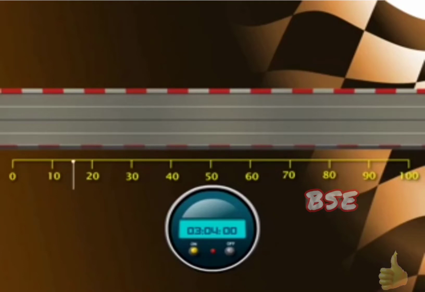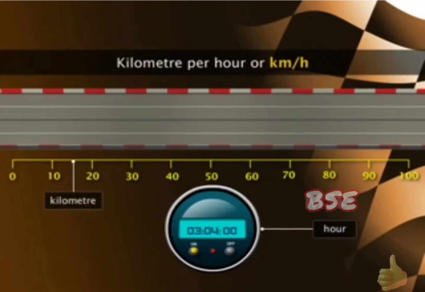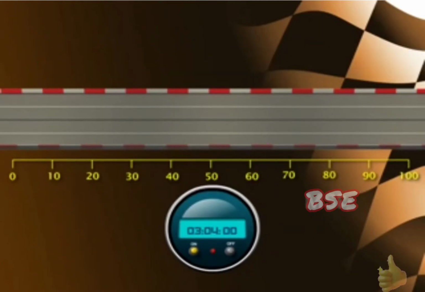If we measure distance in kilometers, km, and time in hours, or h, then the unit of speed is kilometers per hour, or km/h. Let's now calculate the speed of Ravi's and Suresh's cars by using the formula.